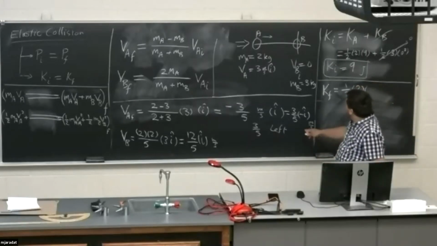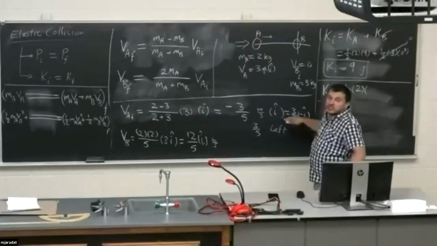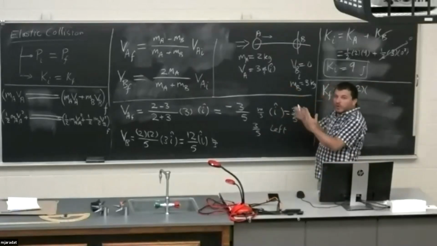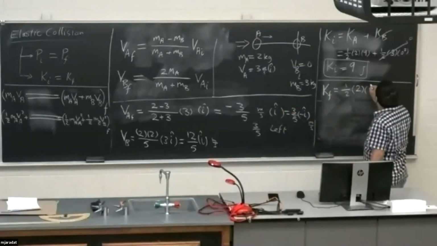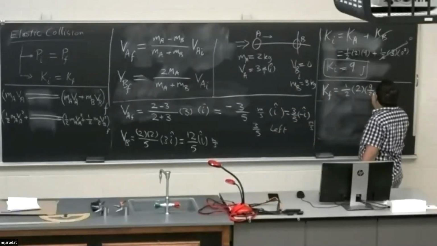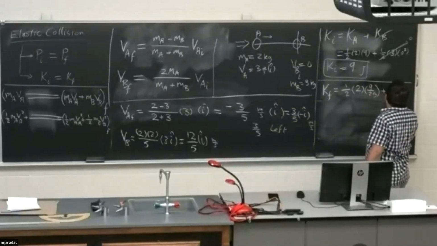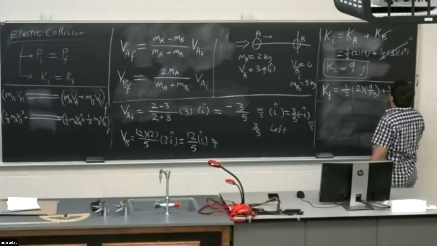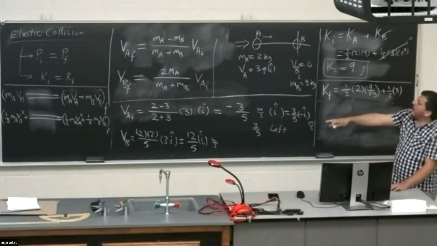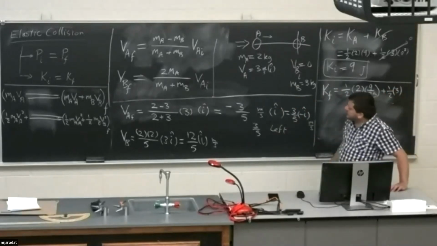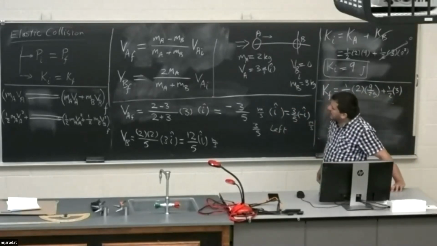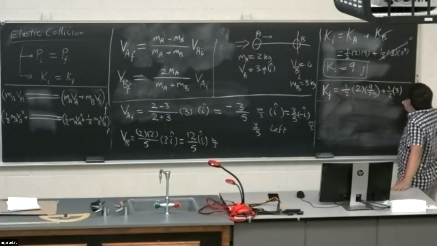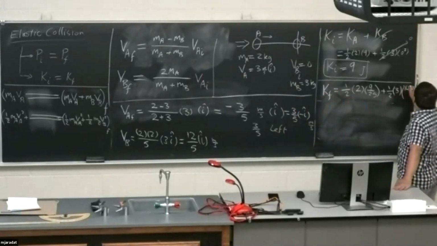The velocity of A is negative 3/5, squared. The negative sign will go, so it will be 9/25, plus 1/2, the mass is 3, and the speed now is 12/5 squared. It will be 144/25.